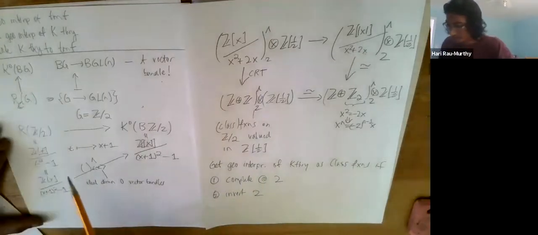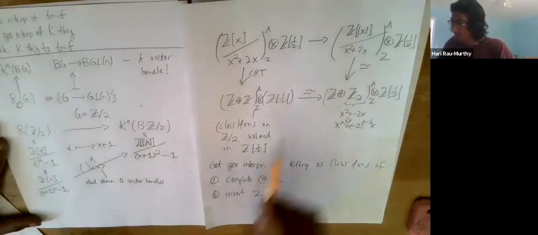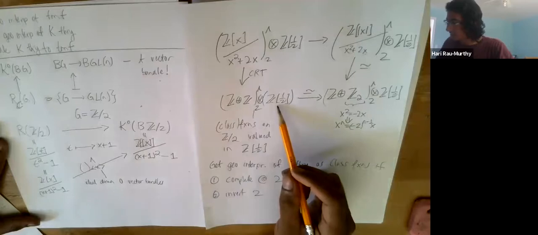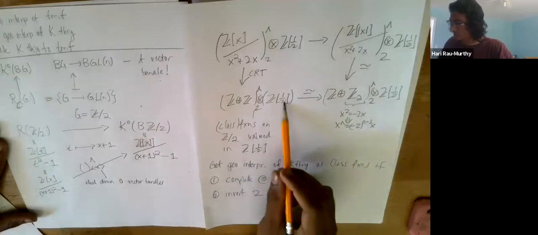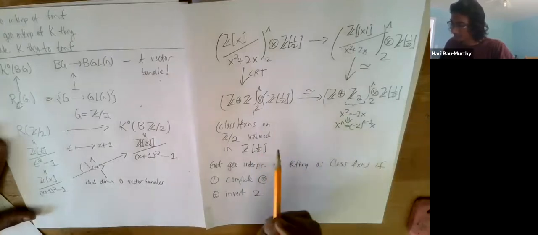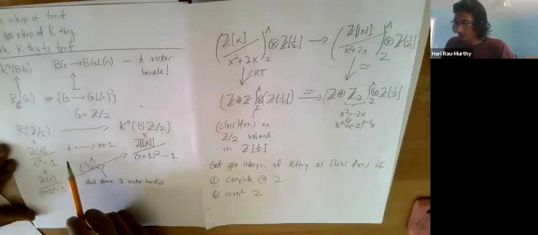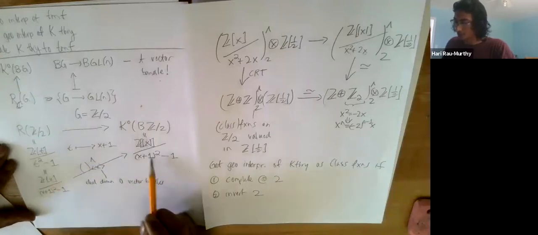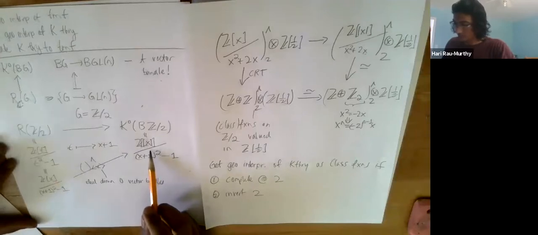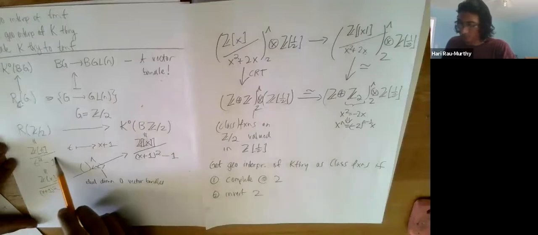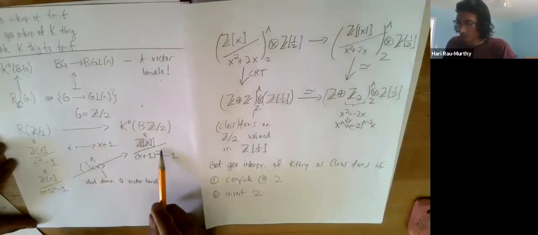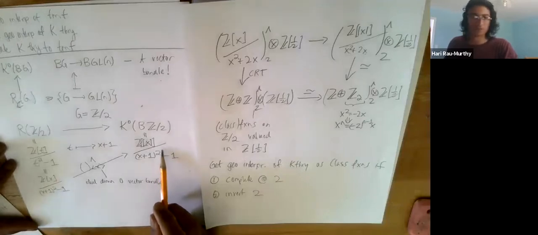Yeah, so this map over here, once I base change to this ring, what I'm doing is looking at functions on Z mod 2 to functions on the 2 torsion inside S1, to form a neighborhood of functions on the 2 torsion in S1.